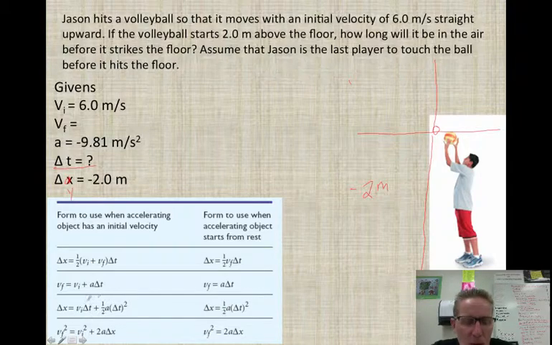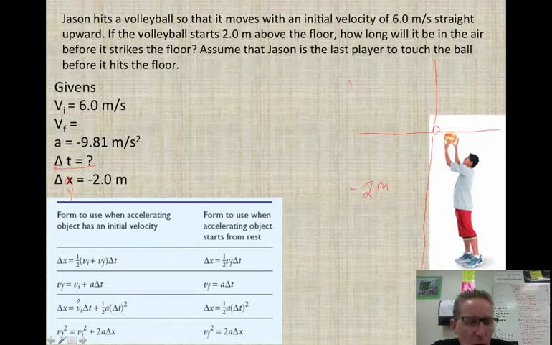But the reason we can't use this is because it's given an initial velocity and we don't know that that velocity is going to have this ball traveling the same distance up that it's going to end up falling down as far as its -2 meters. And so therefore we can't use this because this kind of assumes that with this 1/2 acceleration part. So we cannot use this one.